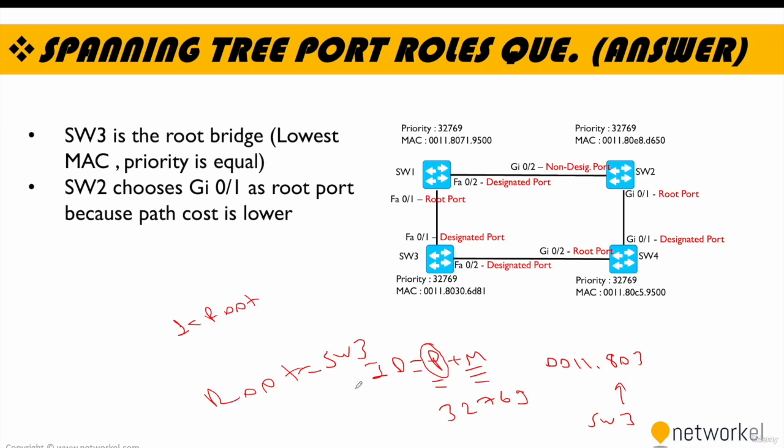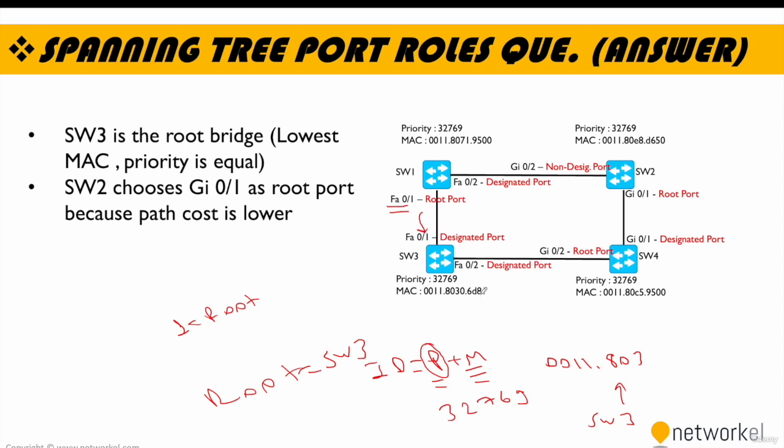So how am I finding the root port? That is the fastest path, the lowest cost path to reach the root bridge. For this case, for example, switch 1 FastEthernet 0/1 will be selected as the root port because it is directly connected to the root bridge.